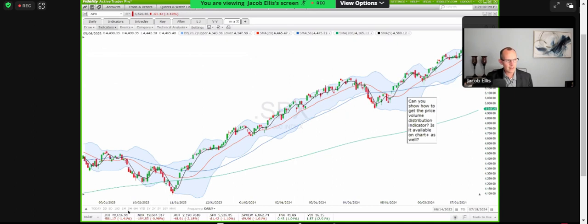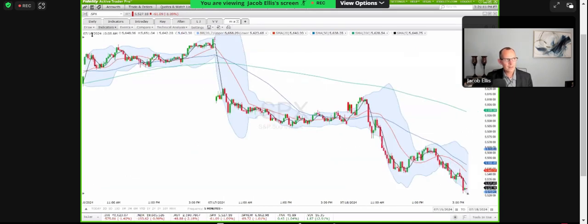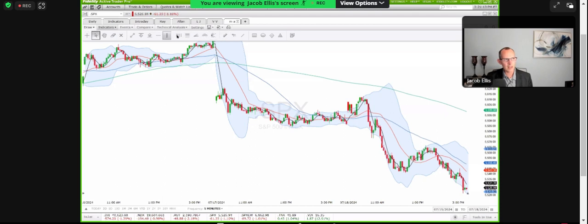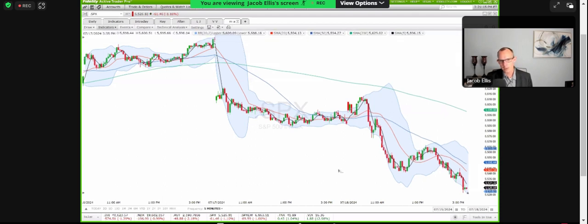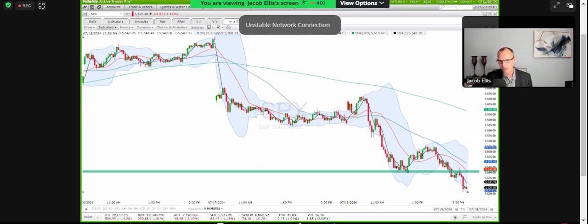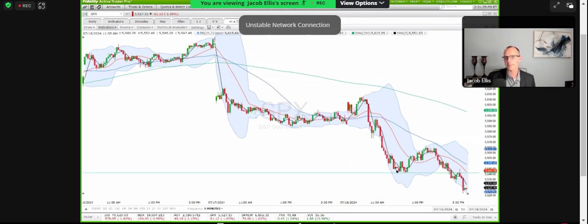If I zoom that back in and take a look at it on our 5-minute scale and drop in a horizontal line at 5,540, wouldn't you know it? The price came down and down and down until it didn't. And where did it stop? Well, right here near that 20-day simple moving average on a daily basis.